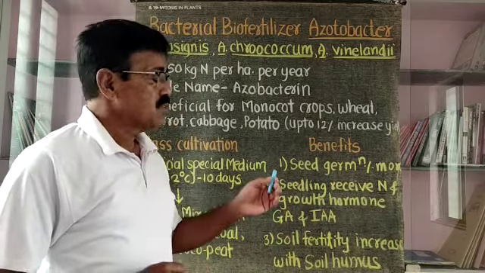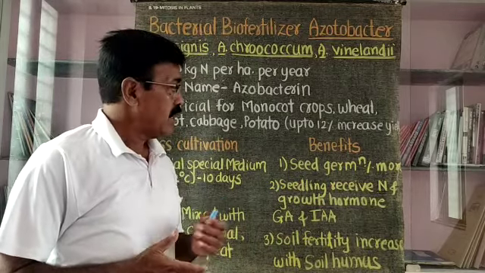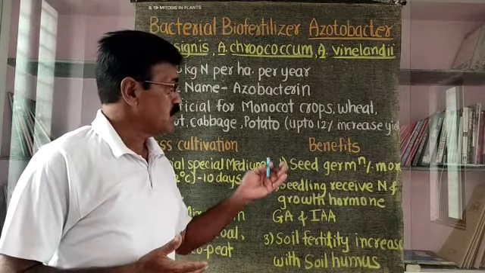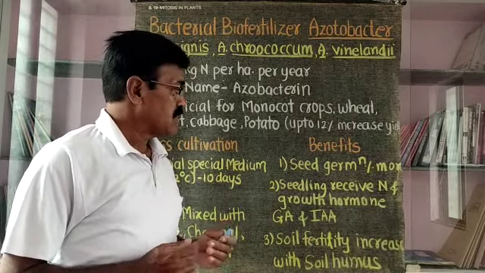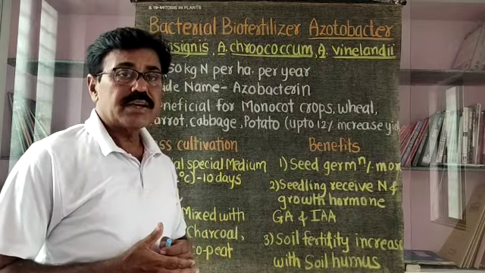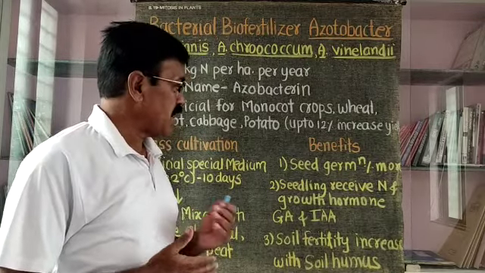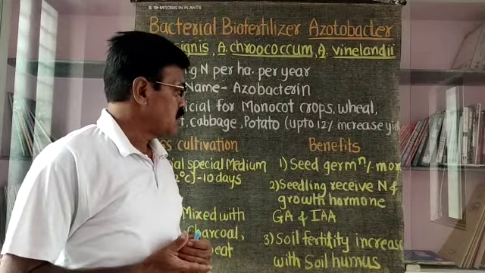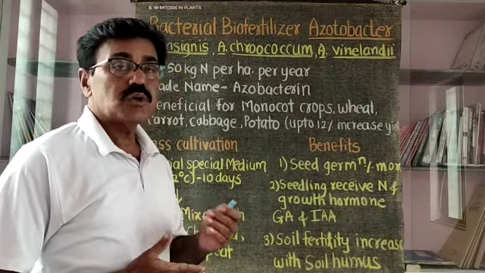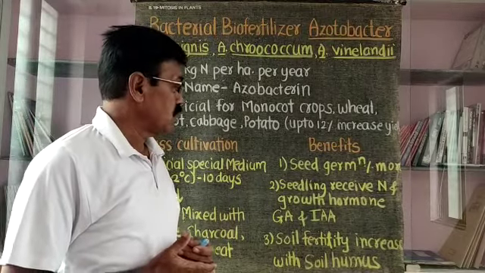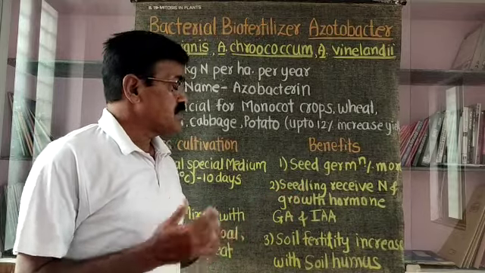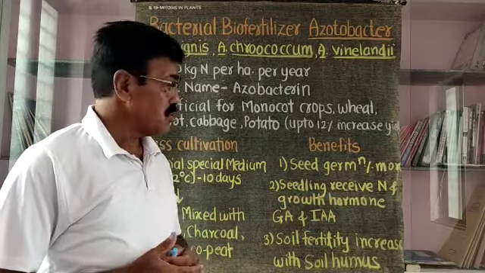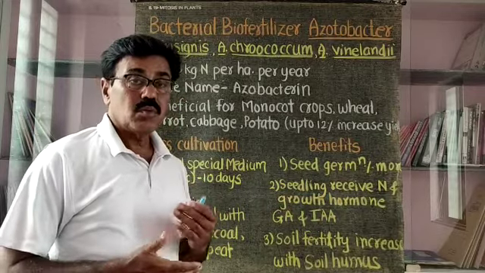At that time the seed germination percentage is more, and the growth of seedlings is also more. Practically, if farmers do seed dressing with this culture, it increases seed germination. At the time of dressing, the seedling receives more nitrogen and also more growth hormones.